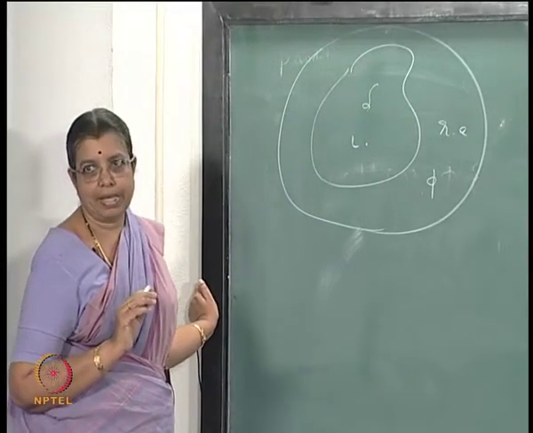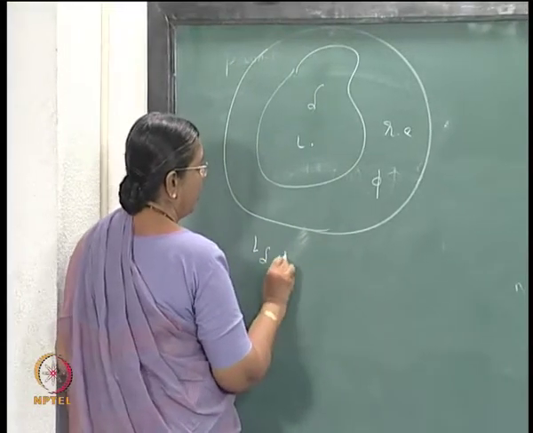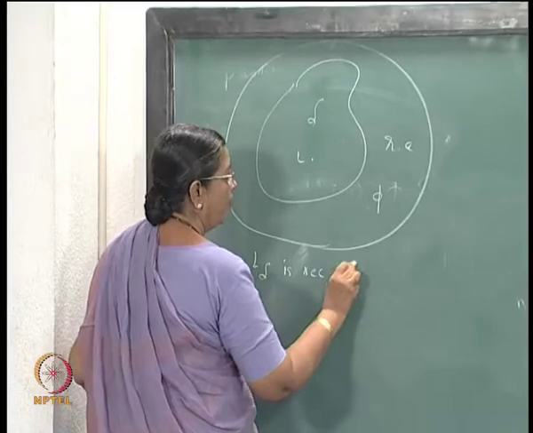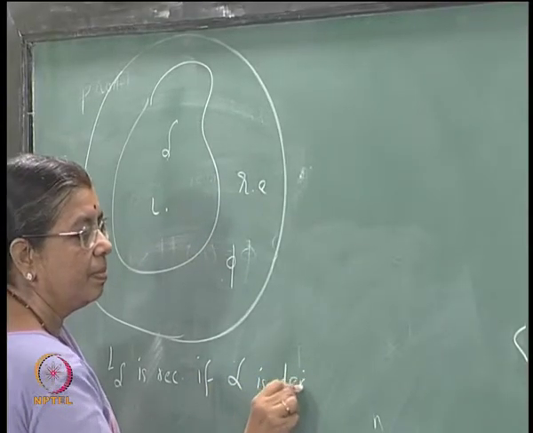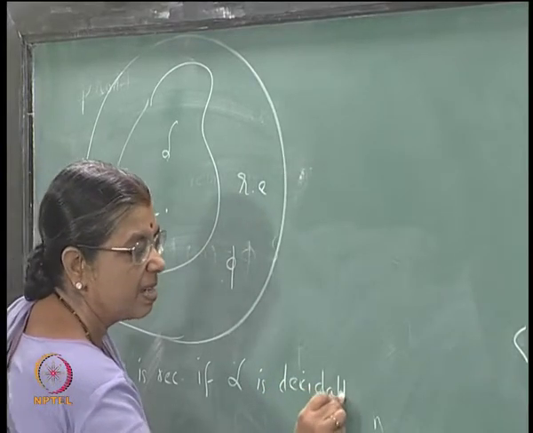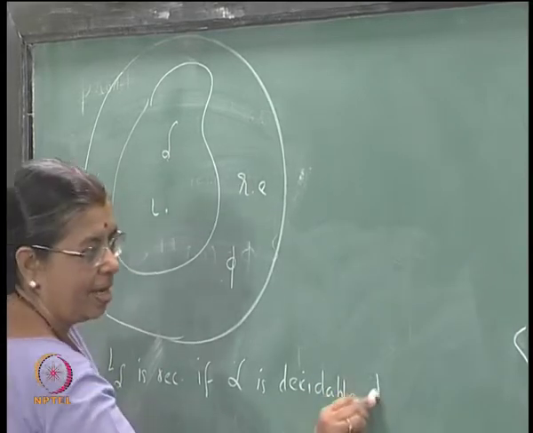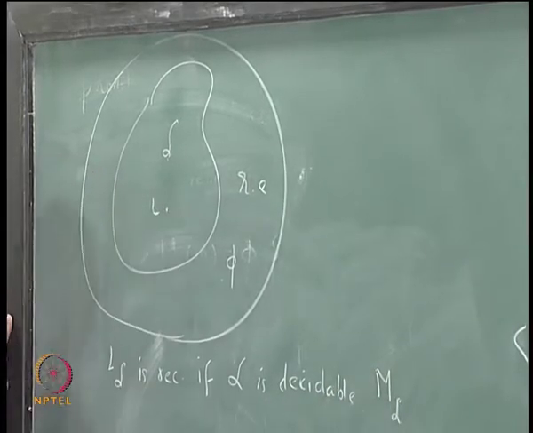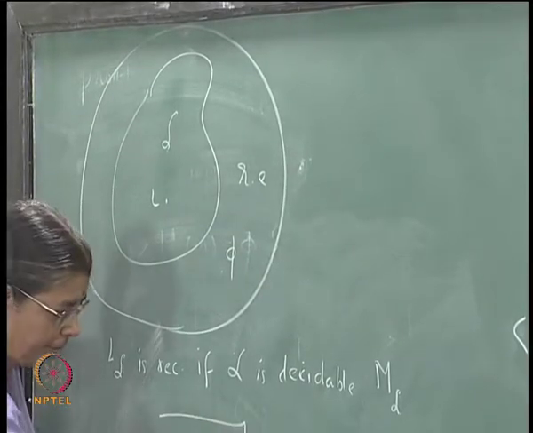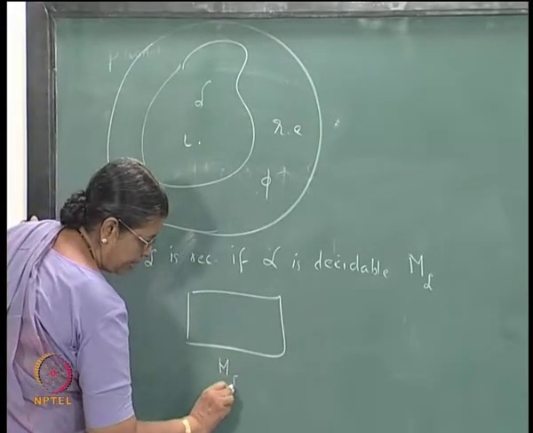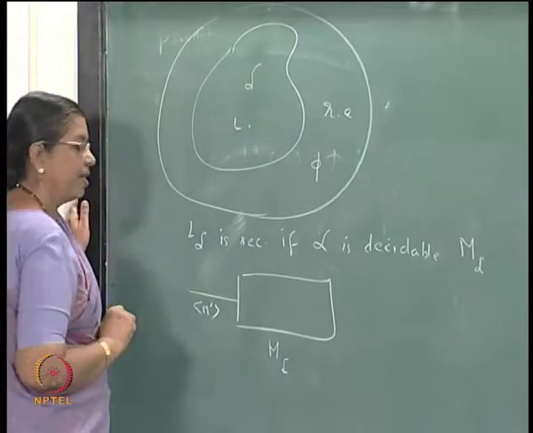It has to be recursive. L of S is recursive if S is decidable. So, there will be a Turing machine MS for that, right. Now, this is the Turing machine MS. For this, give the encoding of M dash.